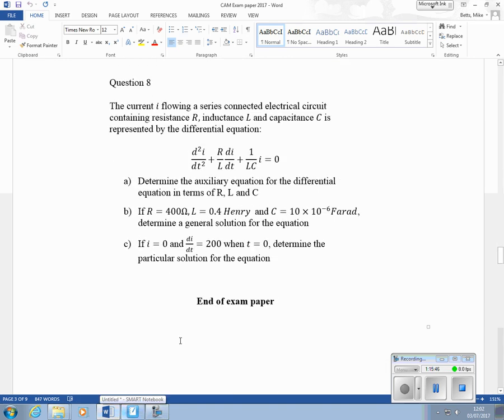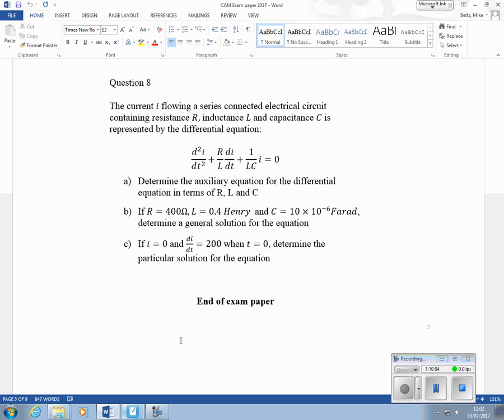Right, question 8. Current I flowing in a series connected electrical circuit containing resistance R, inductance L, and capacitance C, represented by the differential equation as given.